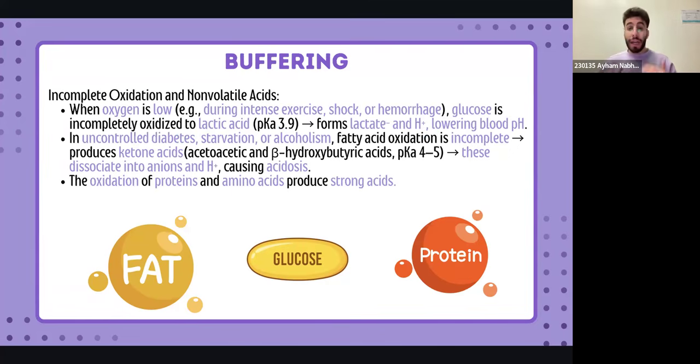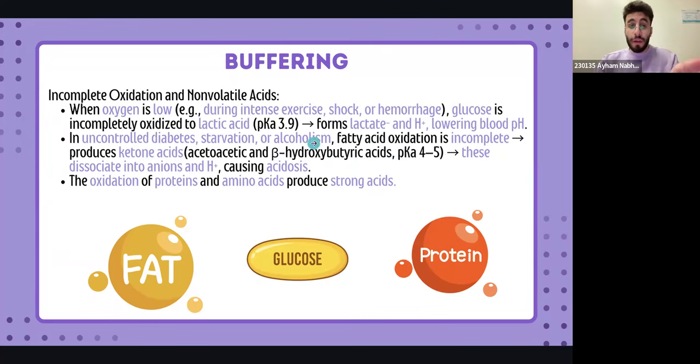Second, in uncontrolled diabetes, in starvation and alcoholism, the fatty acid oxidation here is going to be incomplete. That being said, the fatty acids would be oxidized to ketone bodies such as acetoacetic and beta-hydroxybutyric acids. You don't need to know them.